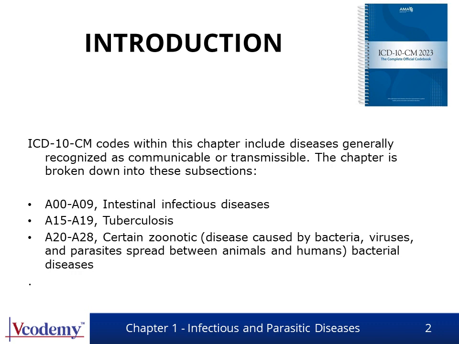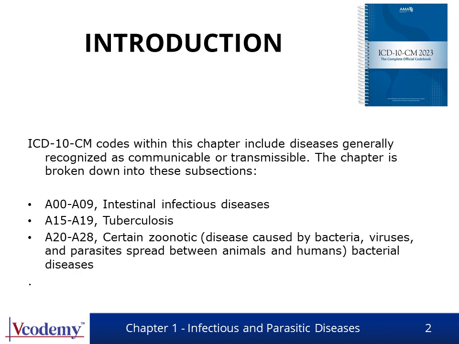A00 to A09, this category range has intestinal infectious diseases. A15 to A19 encompasses tuberculosis, also known as TB. A20 to A28, certain zoonotic diseases caused by bacteria, viruses, and parasites spread between animals and humans.